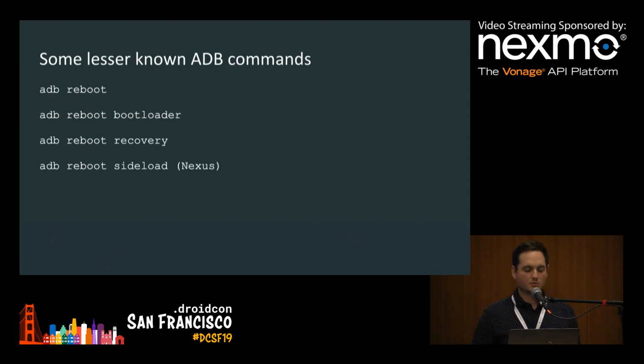We can also choose to reboot our device fully. We can reboot it to bootloader or to recovery, or we can also reboot it to sideload a new system image, which is provided, for example, from Google for a line of Nexus devices.